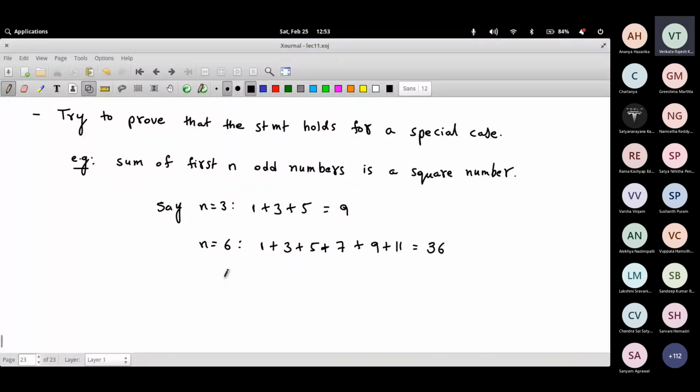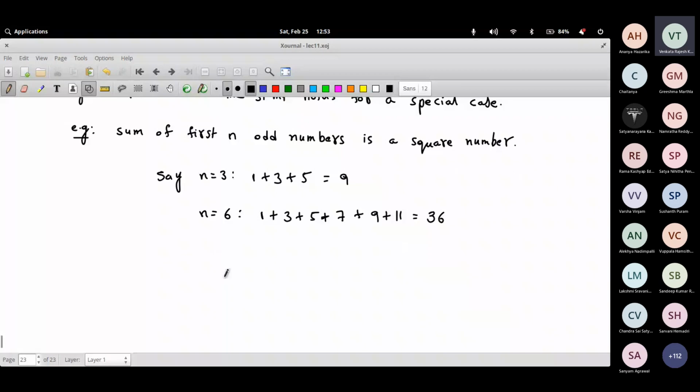So I'll show you the proof later, but the idea is if you take some special cases and see why they are working, you may find a pattern across these special cases and you will get a general idea of the proof for any case. Okay. So sometimes working out specific examples may actually give you the general idea of how it is working. All right.